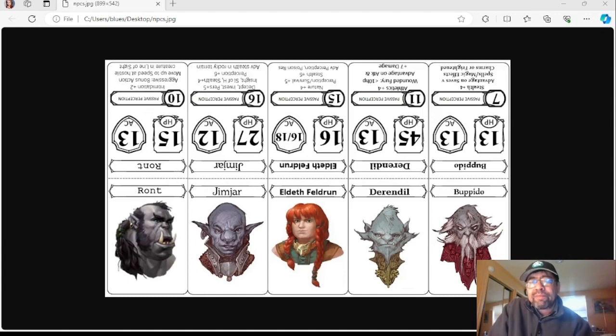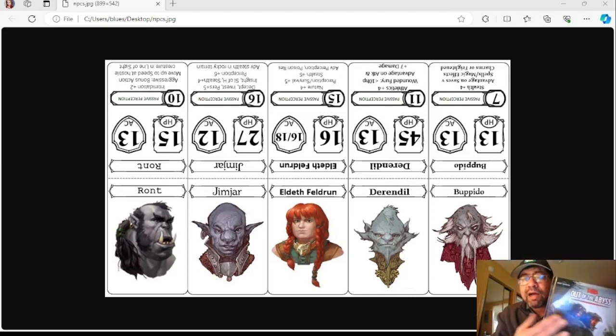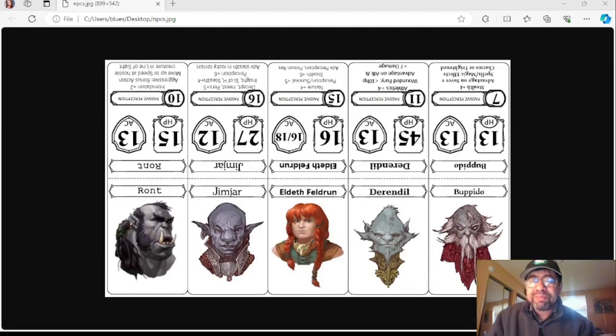And so this book, Out of the Abyss, has good encounters. It's kind of weird too, because you start off in the Underdark, and then you're supposed to escape. But there's always the looming threat, I think later on in the adventure, where the demon lords are somehow being summoned, or are going to make their appearance.